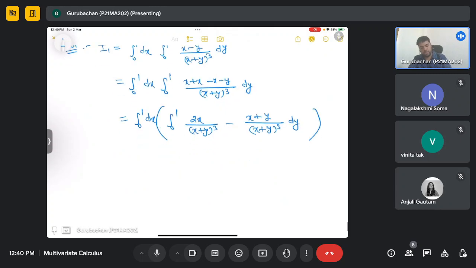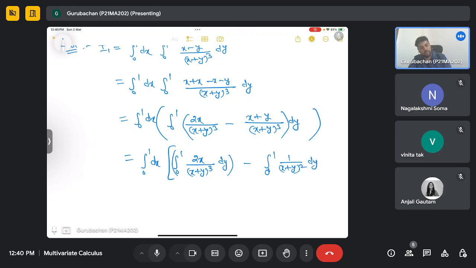So this will be our integral now, which can also be written as 0 to 1 dx, 0 to 1 of 2x divided by (x plus y) cube dy, and minus 0 to 1 of 1 by (x plus y) square dy.